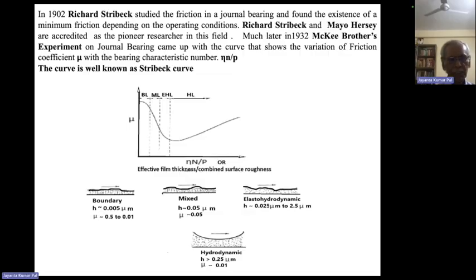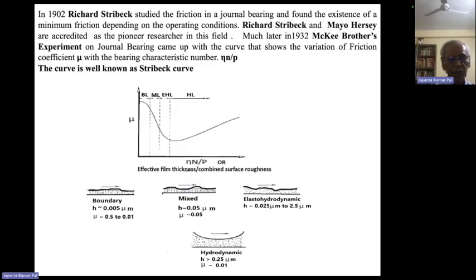Boundary lubrication we'll discuss in a bit more detail later on. The film thickness is very small, maybe one or two molecular layers, and we can say that the film thickness is of the order of 0.005 micrometer, and the friction is also relatively high, 0.5 to 0.01.